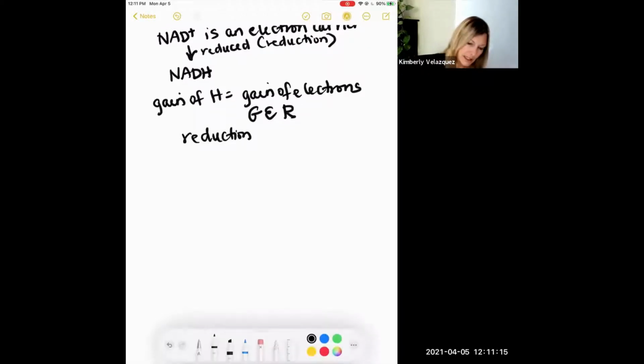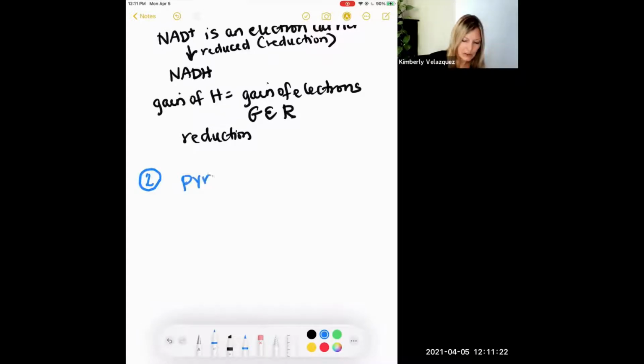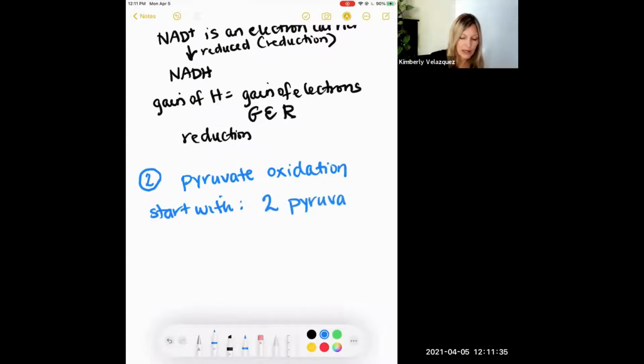Okay, so the second stage of cellular respiration is called pyruvate oxidation. Start with 2 molecules of pyruvate that were the products of glycolysis.